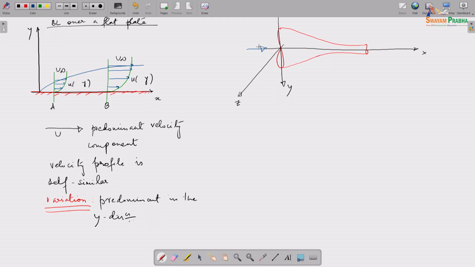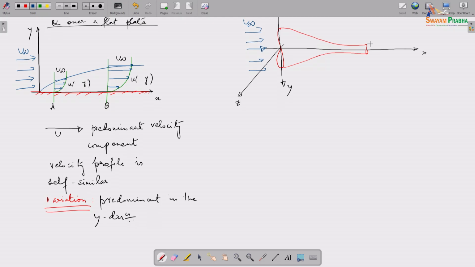Maybe I should draw that here as well. This is the velocity profile which comes in, and then this is the exit, the exit of the nozzle.